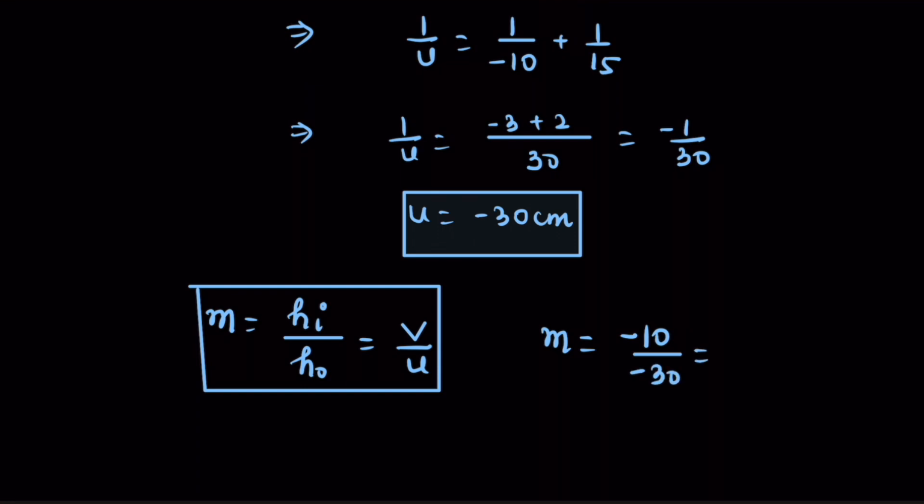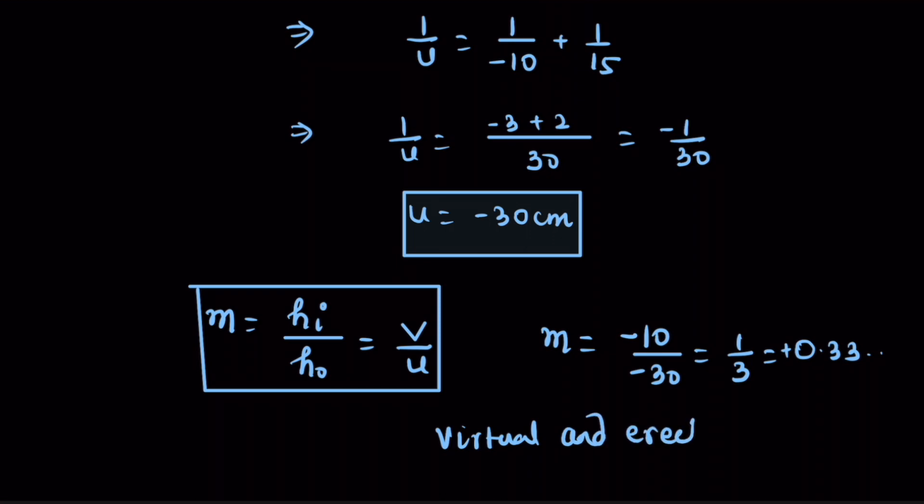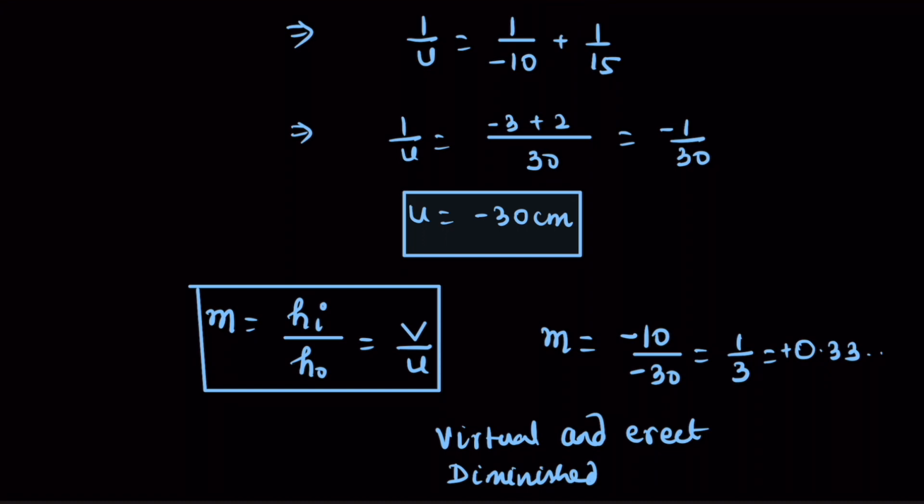So it will become 1 by 3, which is equal to plus 0.33. So we can say that it is virtual and erect, and it is diminished. Why is it diminished? Because M value is less than 1. So when M value is less than 1, it means it is diminished. Image is here diminished. Let's move to the next question.